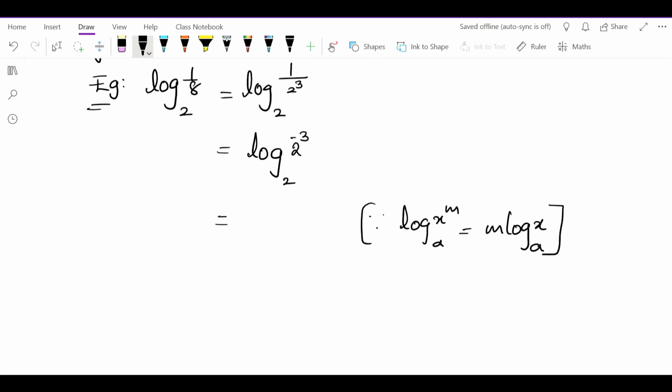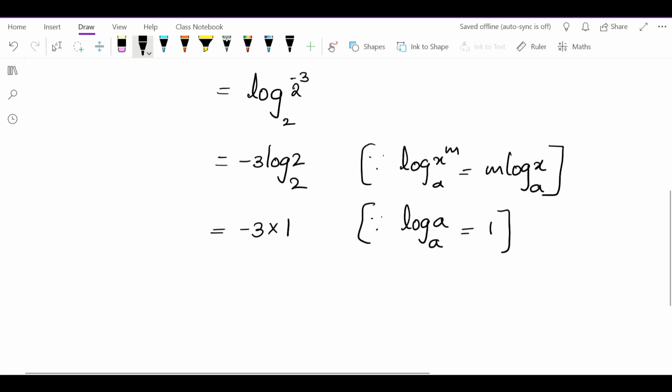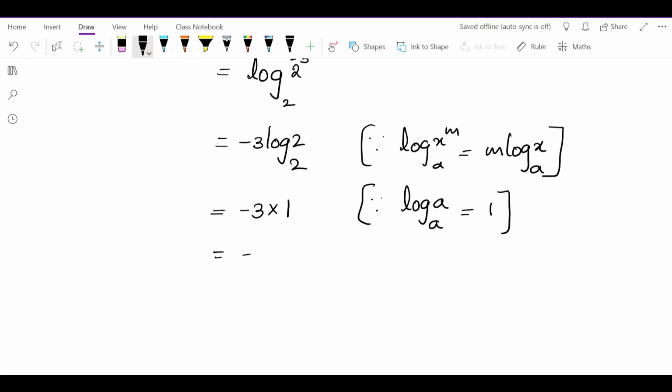So log 2 to the power of minus 3 base 2 can be converted as minus 3 log 2 base 2. Minus 3 log 2 base 2 is in the form of log a base a. We know the log a base a value is equal to 1, so log 2 base 2 is always equal to 1. Minus 3 into 1 means minus 3.